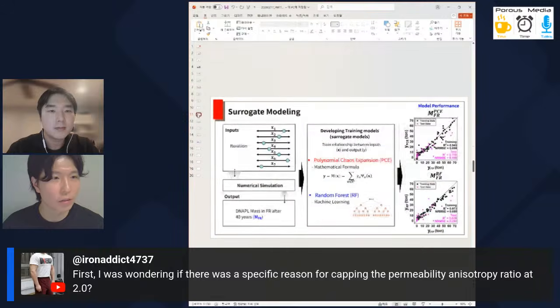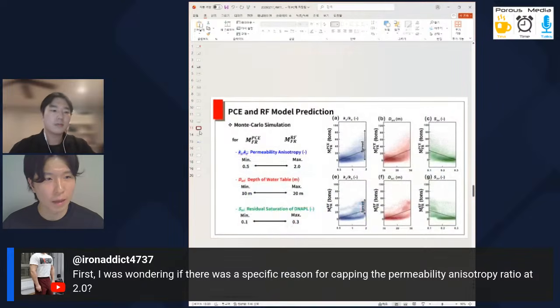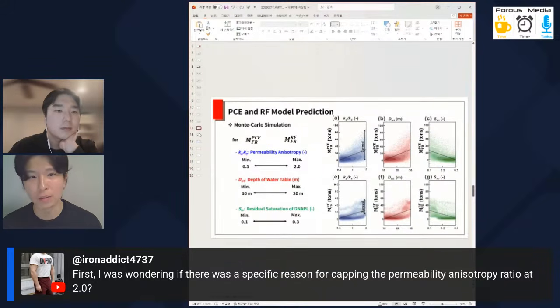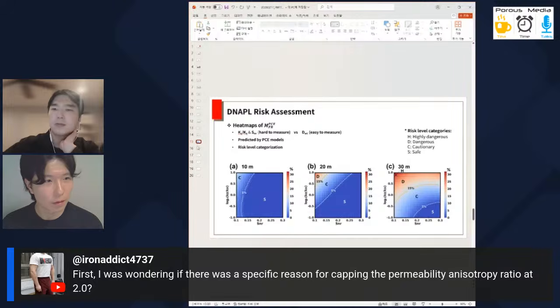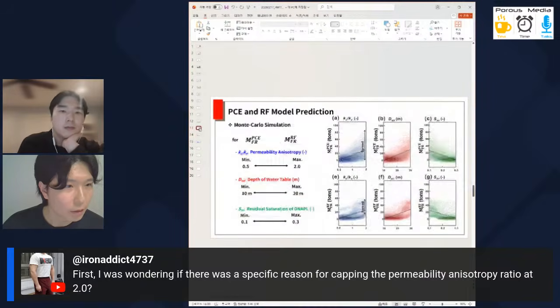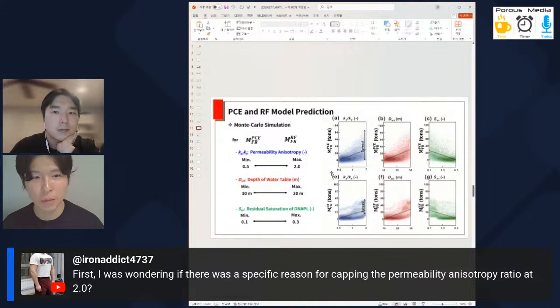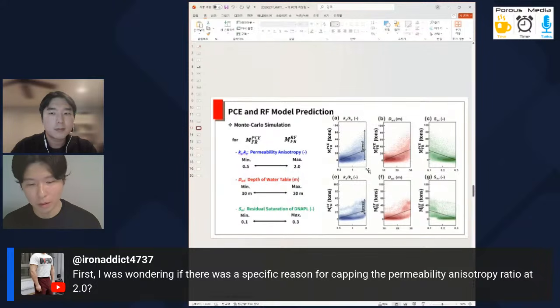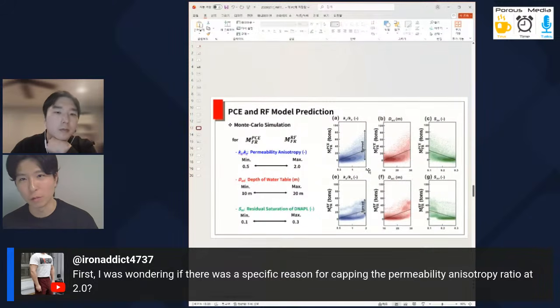Okay, the parameter ranges are based on literature reviews and our intuition. I decided the boundary from 0.5 to 2 because in nature we rarely see permeability anisotropy reaching 2, since it means the vertical permeability is higher than the horizontal permeability, and that is not common.